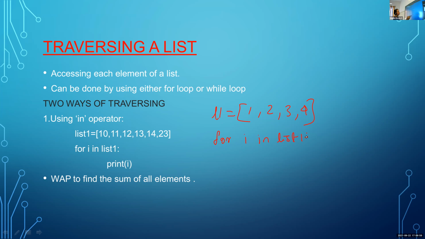So print here I. Using this for statement, first the value of I is 1. Then I want to calculate the sum. Okay. Then how can we write? One variable is there, S, for calculating the sum. So first I will initialize this S with 0. Then how can we write this S?